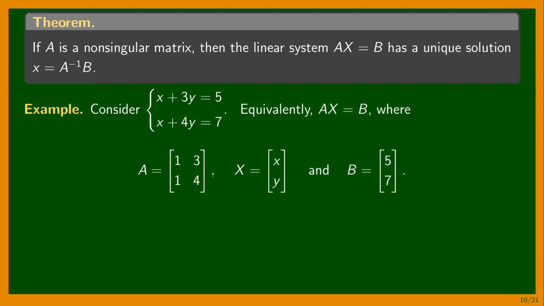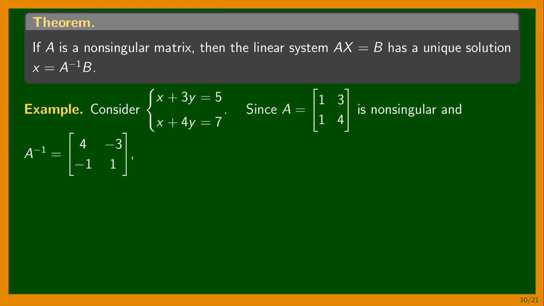Equivalently, we may write it as Ax equals b, where A is the square matrix 1, 3, 1, 4. This was extracted from the coefficients of the left-hand sides. Then x is a column vector of unknowns x, y, and b is also a column vector 5, 7.